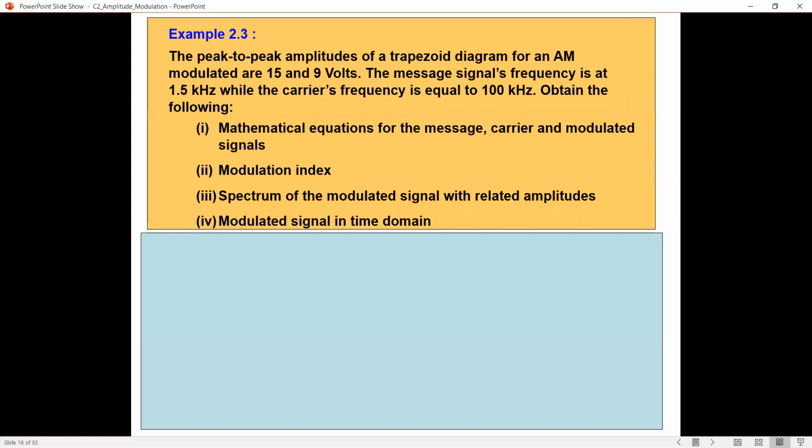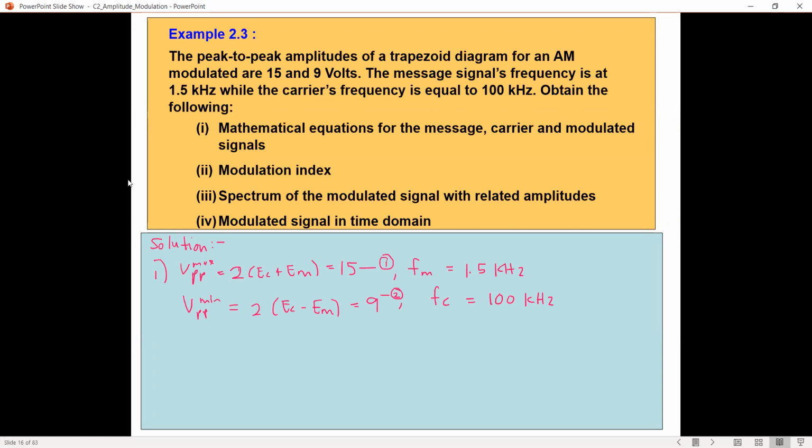From the trapezoid diagram you are given 15 and 9, which are the values of Vmax peak to peak and Vmin peak to peak. Vmax peak to peak is 2 times EC plus EM, and Vmin peak to peak is 2 times EC minus EM.